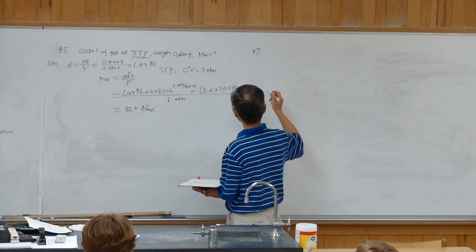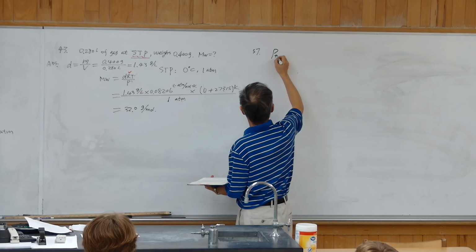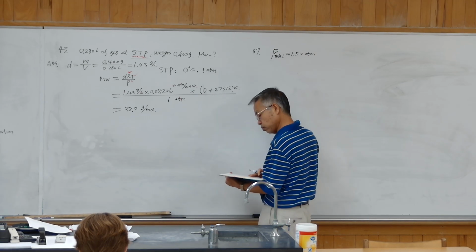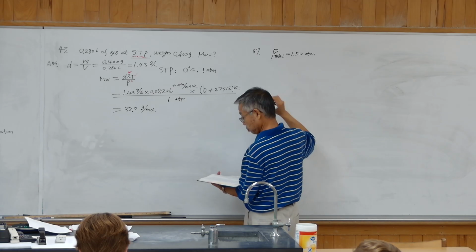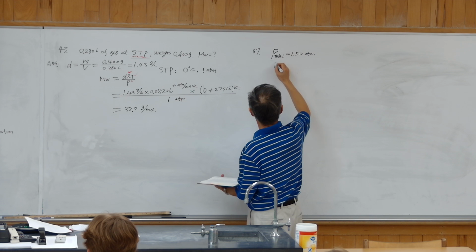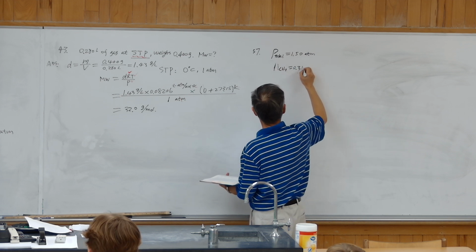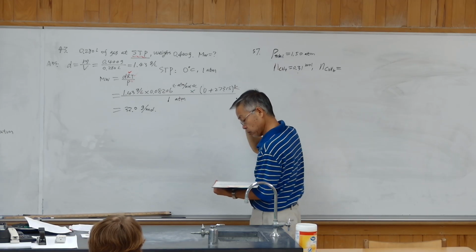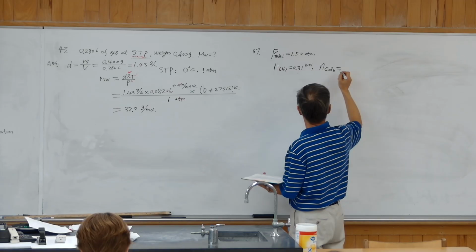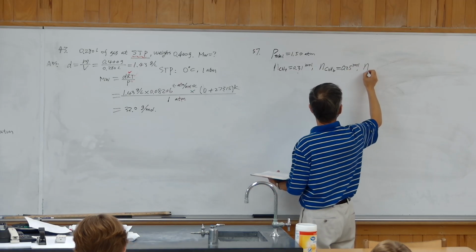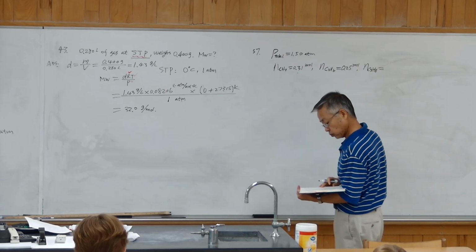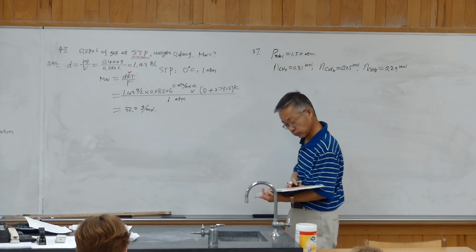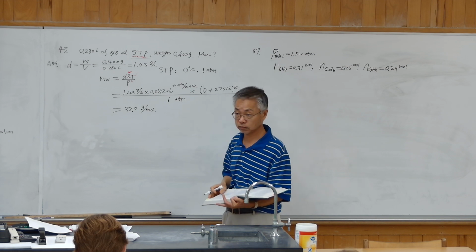If the total pressure is 1.5 atm, and the number of moles of gas present is 0.31 mole CH4, 0.25 mole C2H6, and 0.29 mole C3H8, calculate the partial pressure of each gas.